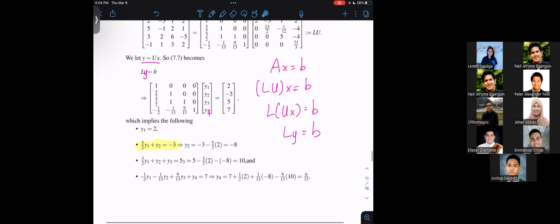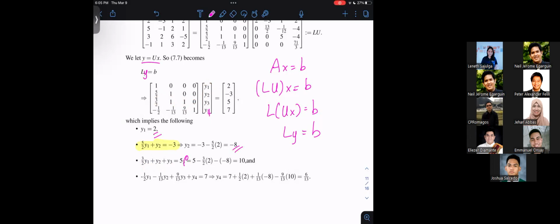You can use that for your third equation. The third equation is found by multiplying the third row by the vector of unknowns. So you're going to have 3 halves y1 plus y2 plus y3 equals what? This should be equal to 5. There should be no subscript over there. Okay. And then use the values of y1 and y2 that you found before.